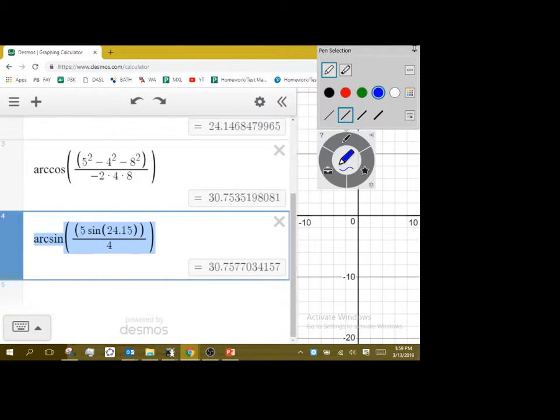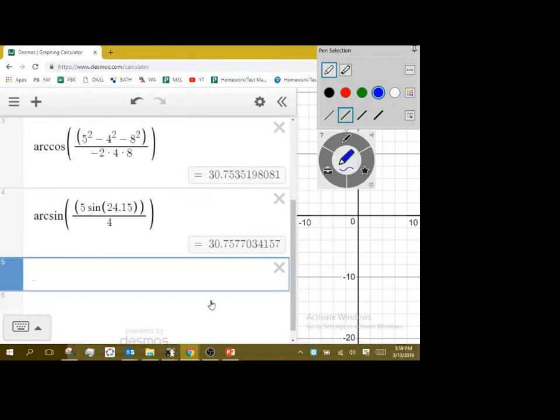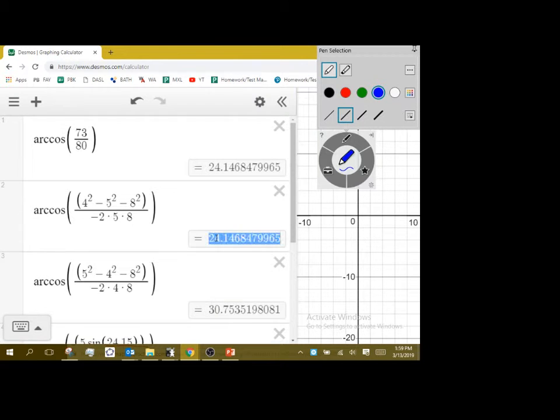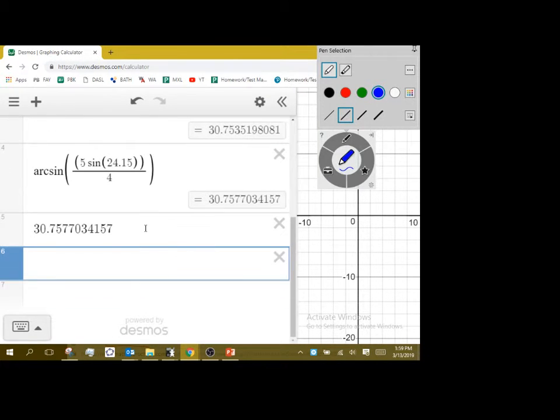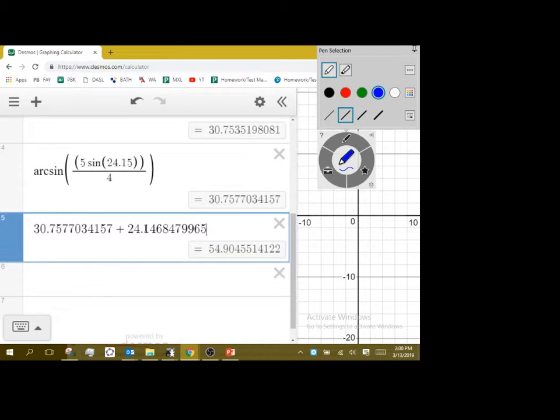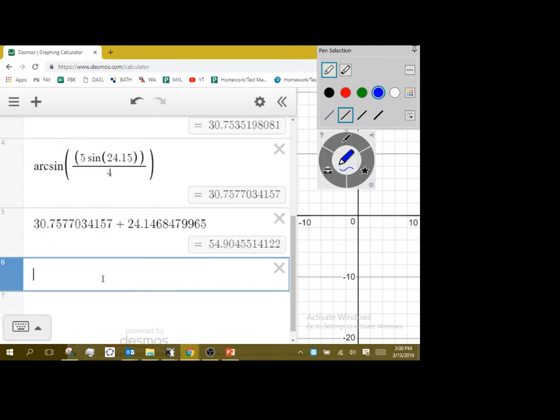Now, if I take that number and that number, what am I going to do with that 54.9 number in order to solve for angle C? You're going to add it to the other angle. Well, I already added. So this is the first angle we found. Oh, yeah, that's the second one we use for law of sines. So I'm going to go 180 minus that, right?